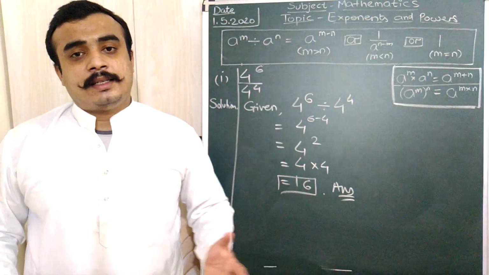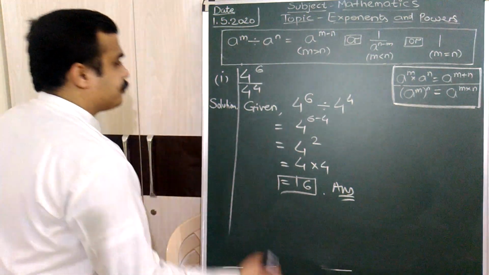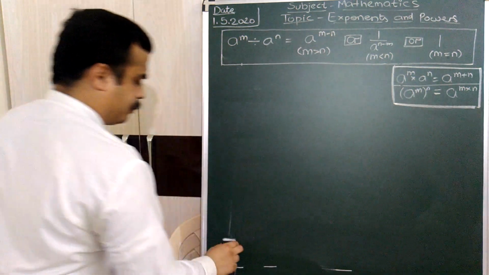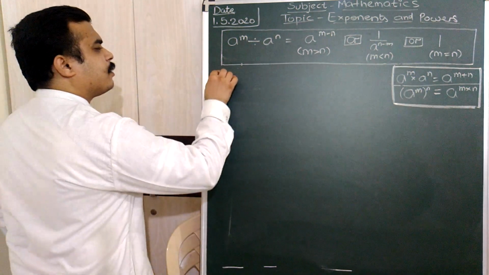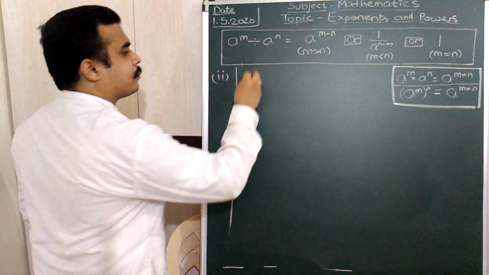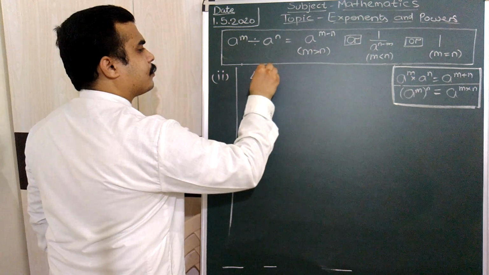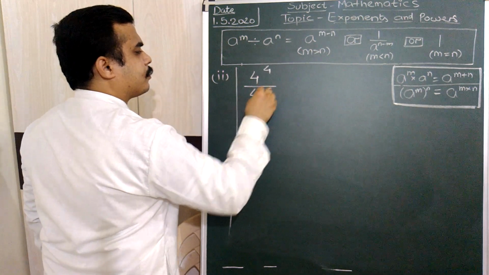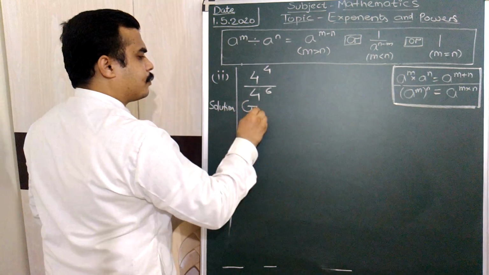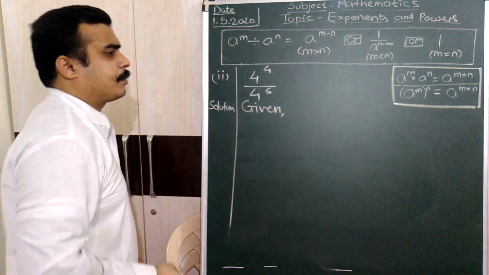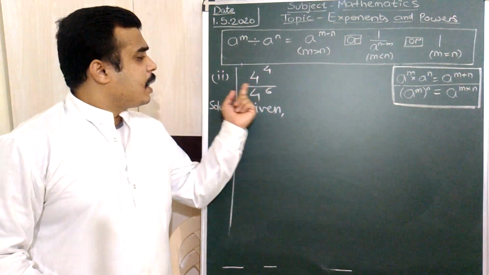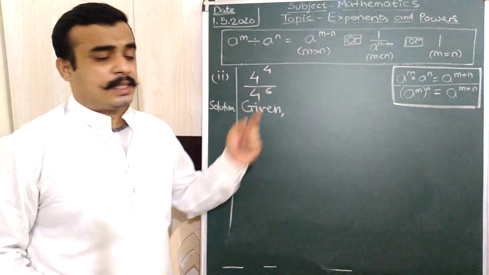Now we will see the next example. So here we have 4 raised to the power 4 upon 4 raised to the power 6.